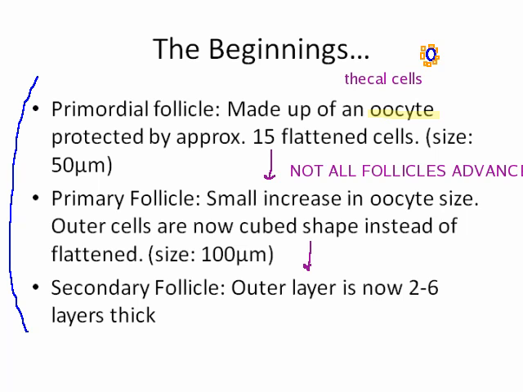The ones that do not get reabsorbed. And so there's a selective process that goes on as we advance from a primordial follicle to a primary follicle to a secondary follicle. Not all primordial follicles become primary follicles. Not all primary follicles become secondary follicles. That is extremely important for me to get out there to you. There is a degradation of the number of cells that are advancing.